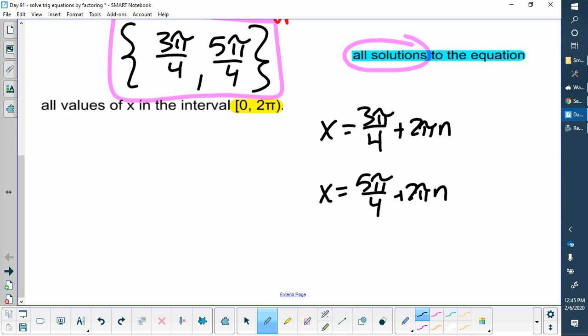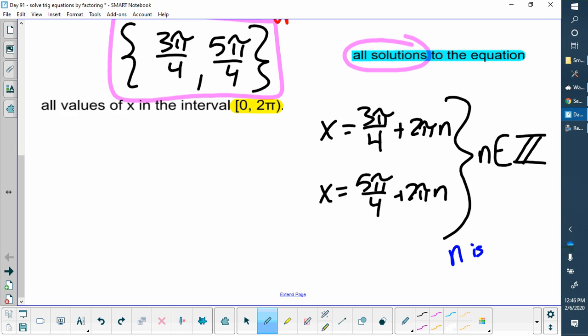Now, what does n stand for? n is an element of this funky Z here, which means integers. So the notation would be n is an element of the integers.